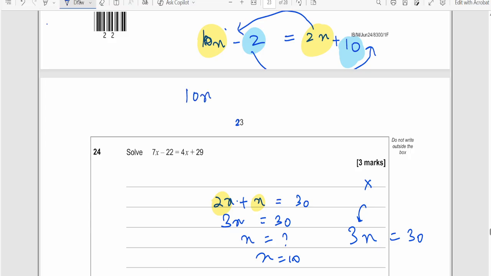So 10x equals, and this 2x will become minus 2x, right? This positive 2x will become negative 2x as we move it to the other side of the equal sign.